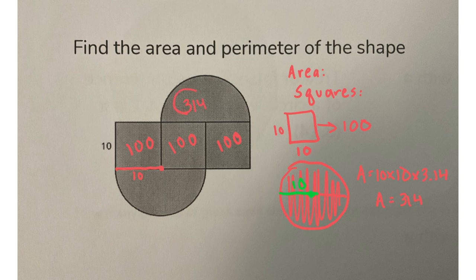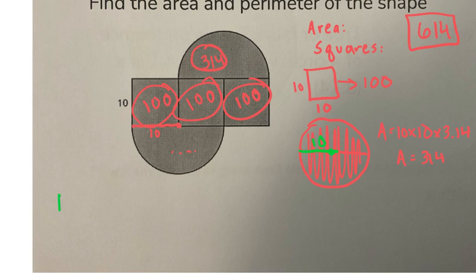So we have the area of the circle is 314, then we have 100, 100, 100. And if we add all of that together, we get our area is 614 square meters, square units, whatever the unit is. Okay, the next thing we need to do is find the perimeter.